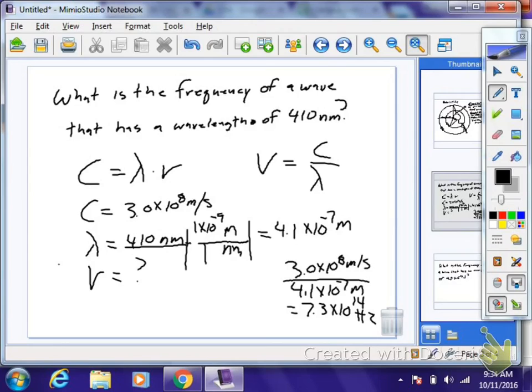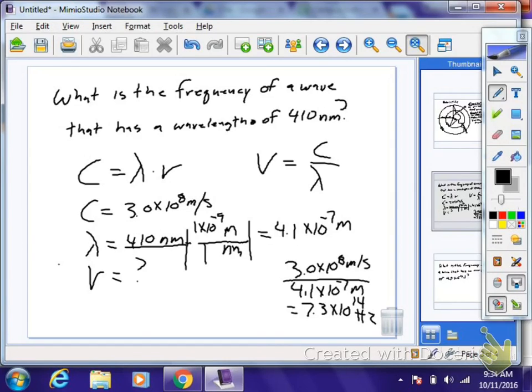Yes. But why would it be times 10 to the 14th? When you subtract exponents, on the calculator, when it divides exponents, it'd be 8 minus a minus 7. So it'd give you a number times 10 to the 15th. And when you take 3 divided by 4, you get 0.73.